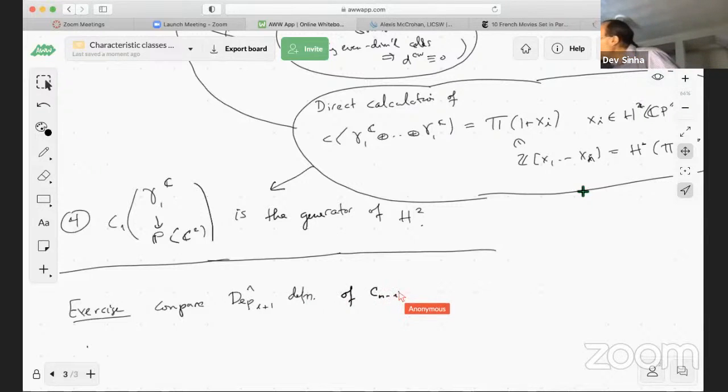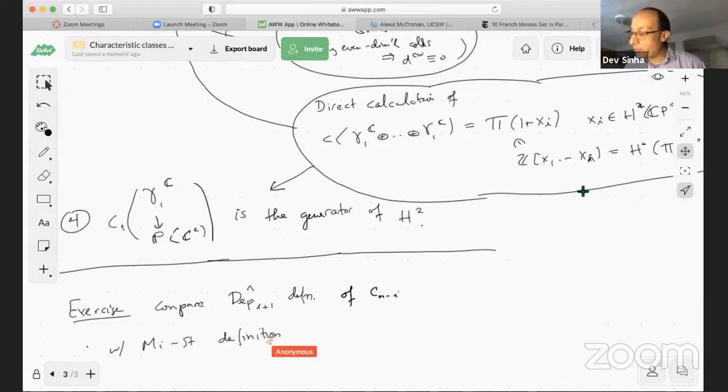I think it's page 157 or 137, I can't read my writing. I'll sort of talk through it.